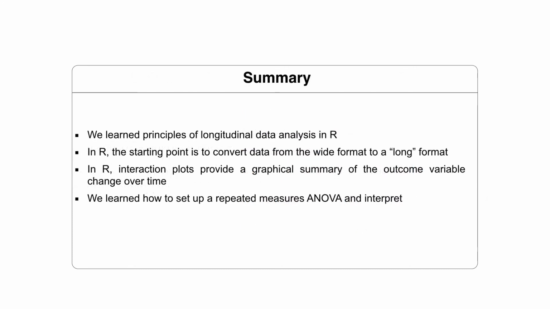So to sum up, we learned some principles of longitudinal data analysis, and we learned how we can do longitudinal data analysis using R, and use an interaction summary plot in R, which will give you a sense of a graphical summary of how incidence rates or how certain things that are time variant issues can come down. Always remember to convert a wide formatted data into a long formatted data when you work with R. So this was a very simple and easy introduction to conducting longitudinal data analysis in R.